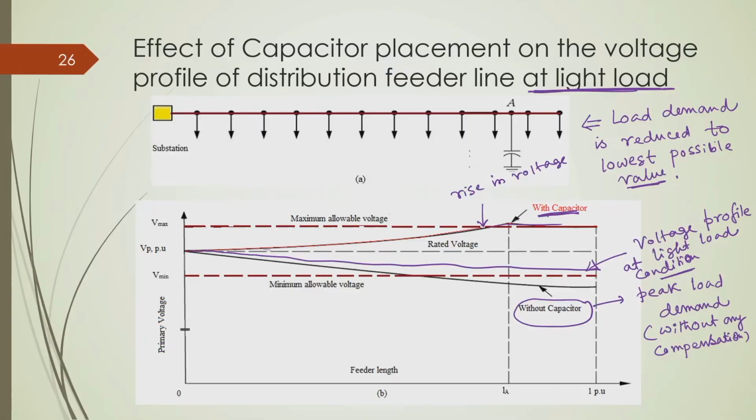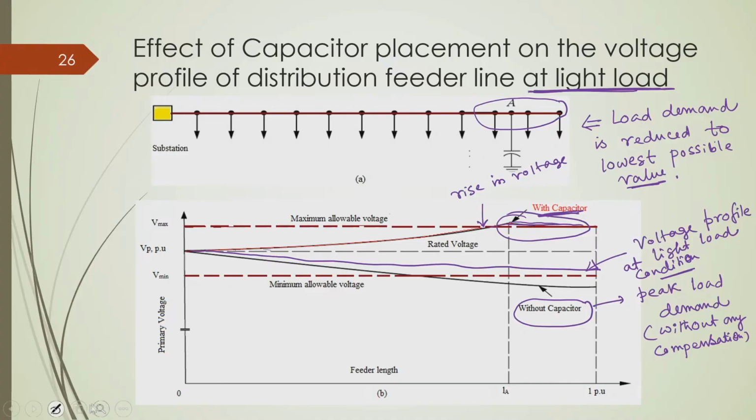You can see some of the nodes who are nearby this capacitor will experience this over voltage problem, okay, due to this fixed capacitor compensation, and that is why capacitive compensation cannot be fixed throughout the day.